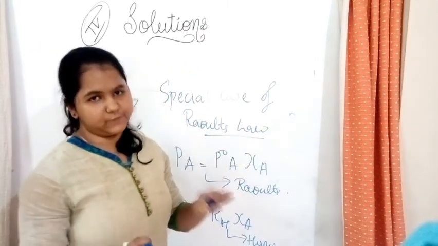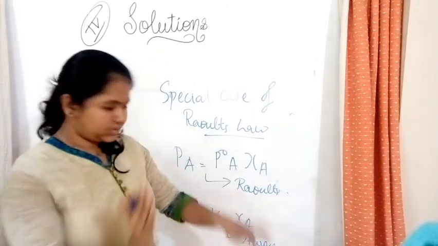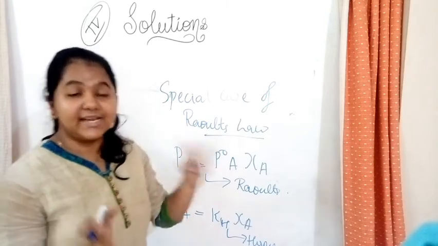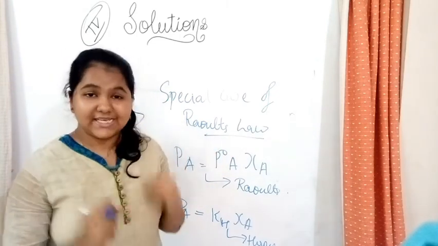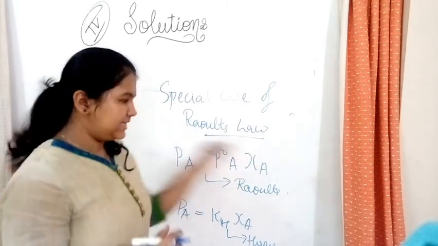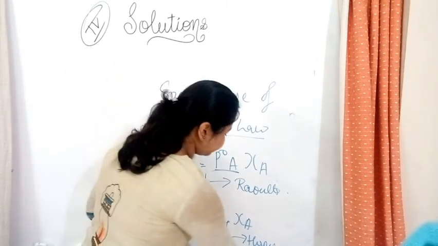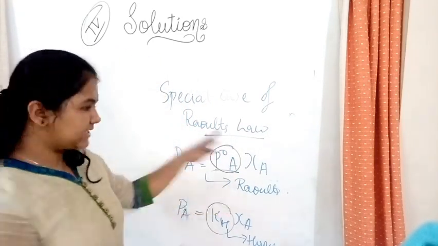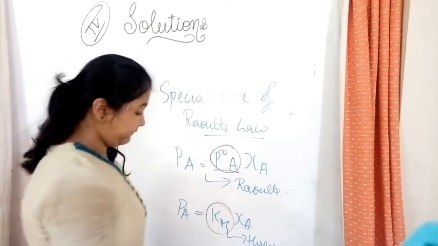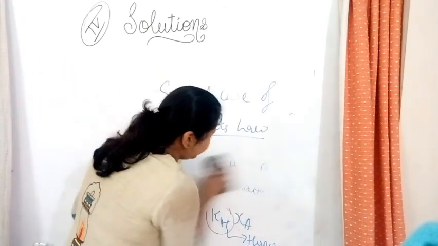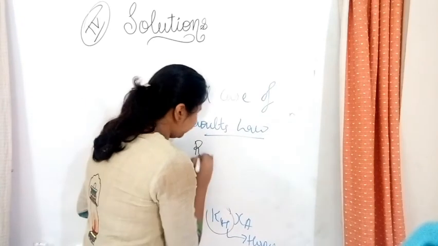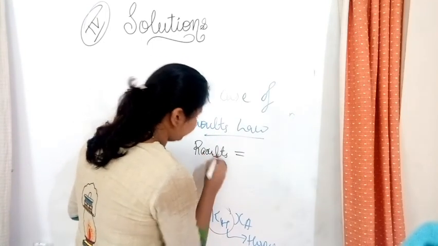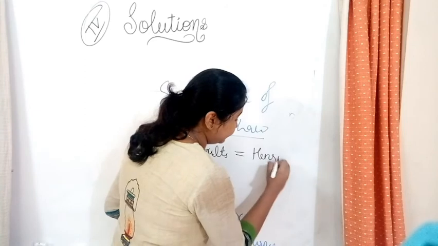So, if you have to say that the Raoult's law equation is equal to Henry's law equation, what should be the condition? What is the component that you can see different in this equation? That is P0A. Okay. P0A and KH are the only difference that you can see in these equations. So if you have to equate Raoult's law to Henry's law, what should happen?